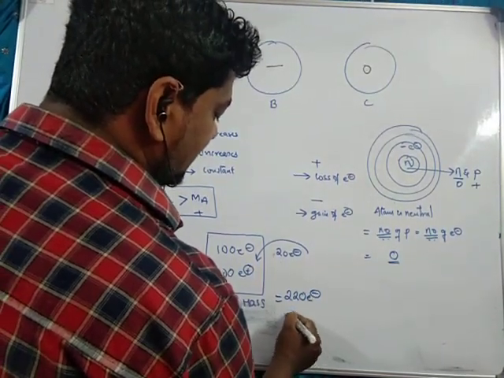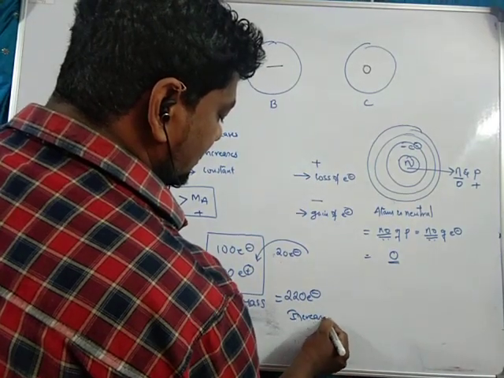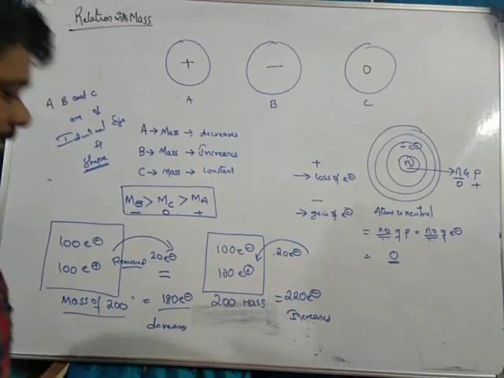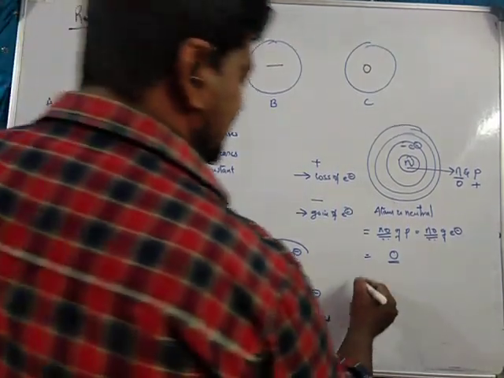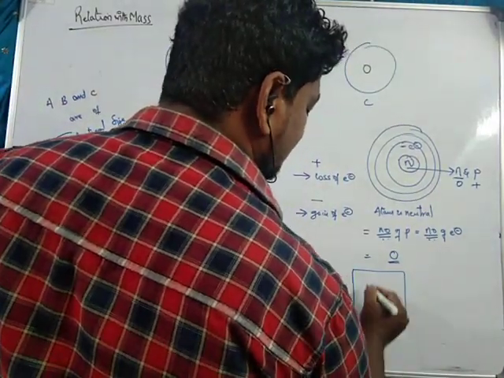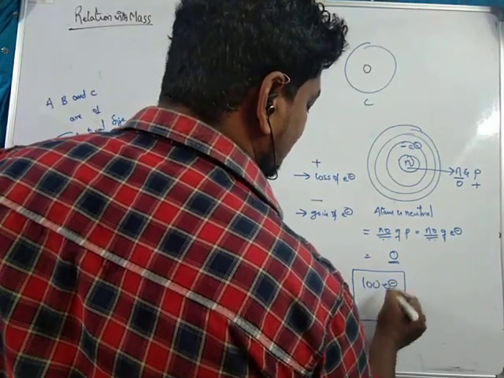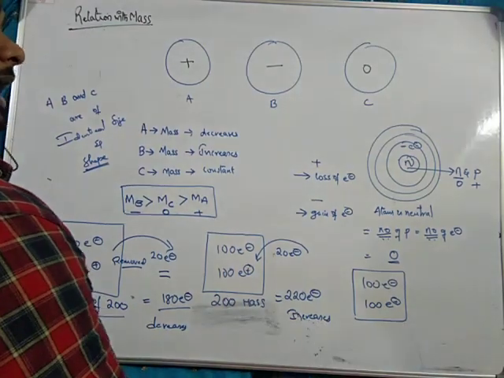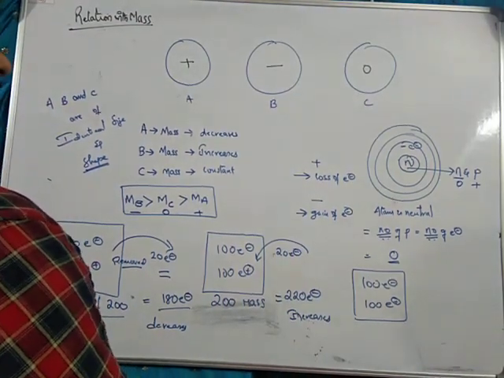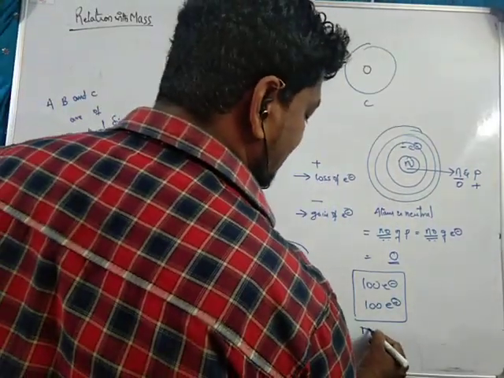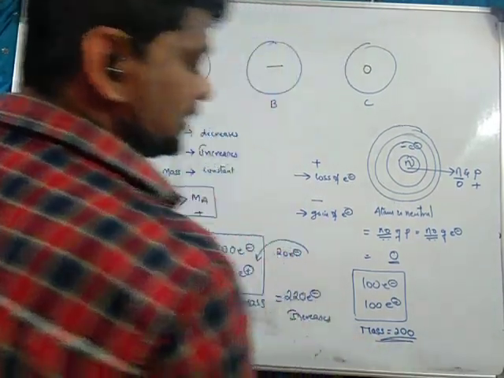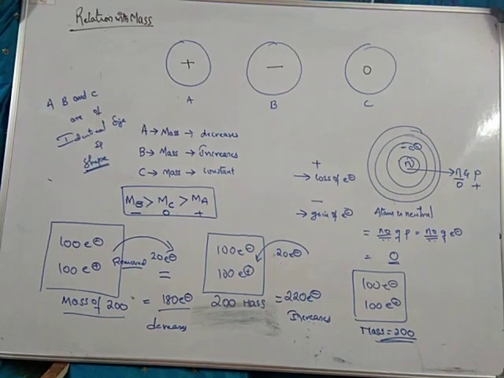Mass increases here, and in the previous case mass decreases. And last, we consider an atom with 100 electrons and 100 protons. We neither added nor removed anything. It remains the same. The mass remains 200, so there is no change in the mass.